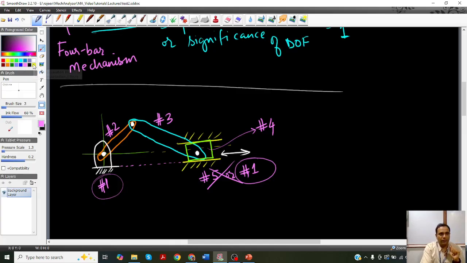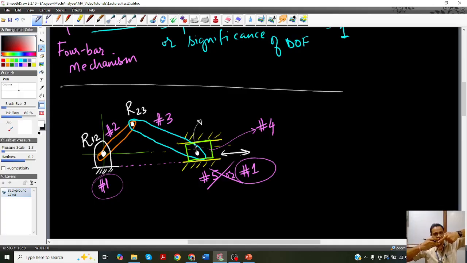Okay. So now let us look at the labeling. So this is a revolute joint. So obviously the revolute joint is between 1 and 2. Rotation between 1 and 2. So there is a revolute joint between 2 and 3. Now this is slightly tricky to understand. That relative motion is happening between 3 and the slider.